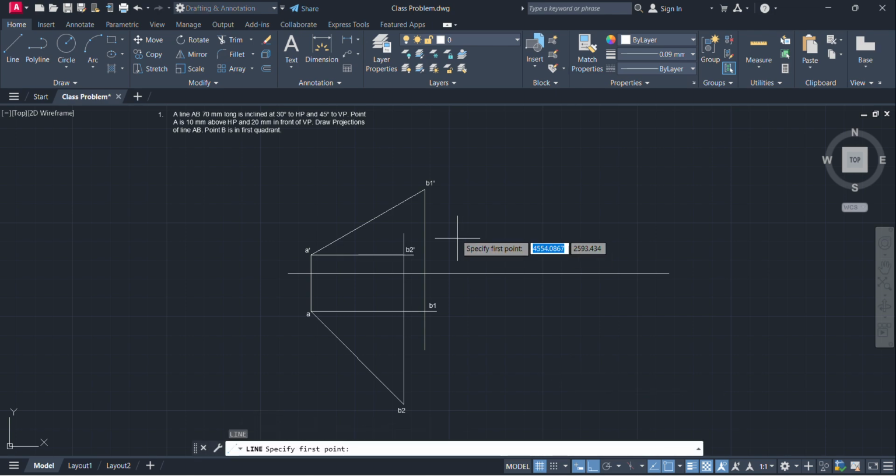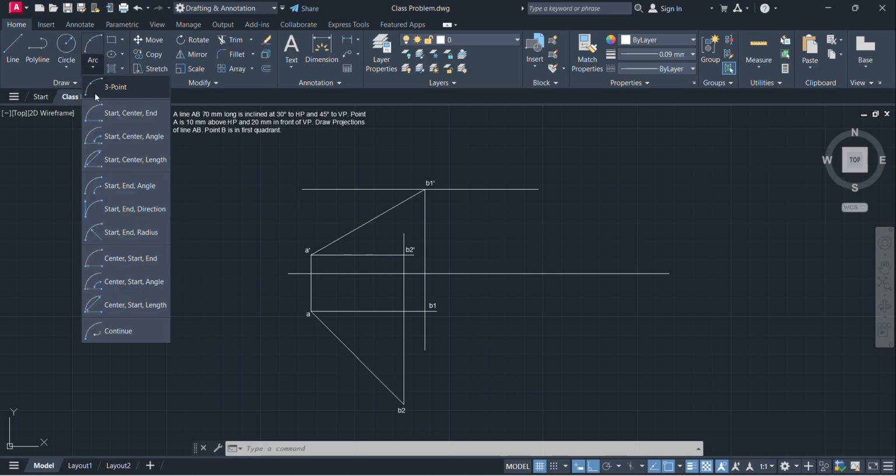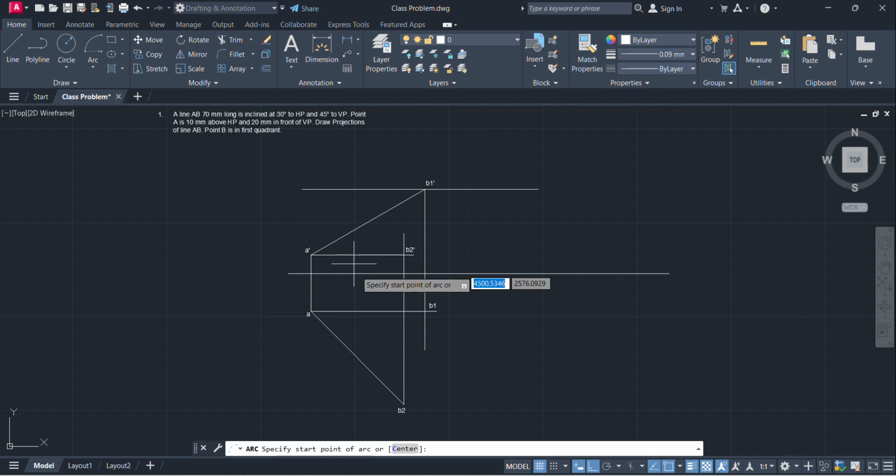Now we know that point B dash should lie on the locus of point B1 dash, and the distance from A dash should be equivalent to B2 dash. So to achieve that, I can take a start center type arc.